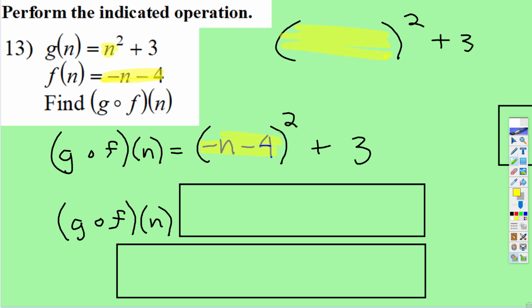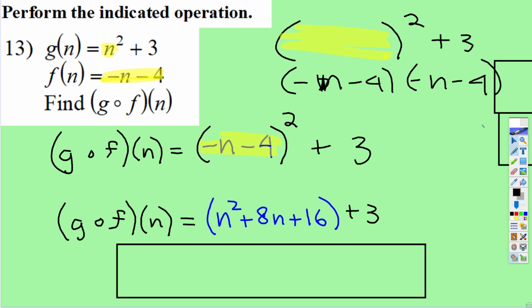So this says n squared plus 3, but where n was, we put the entire f function, negative n subtract 4. And when you square it, remember when you square a binomial, that's like saying negative n subtract 4 times negative n subtract 4. And when you do the double distributive, negative n times negative n is positive n squared. Negative n times negative 4 is 4n.